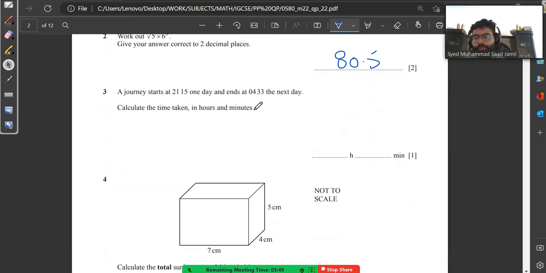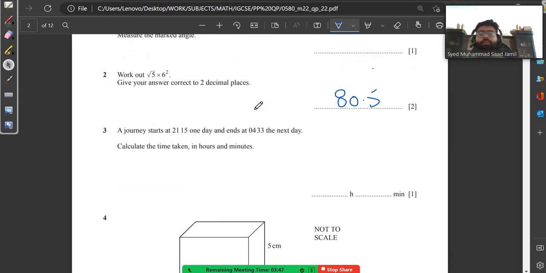Moving on to the third question, it says a journey starts at 21:15 one day and ends at 4:33 the next day. Whenever you have questions like these, students tend to get confused in minutes while solving this question. So first of all, break down the minutes. You first calculate from 21:15 all the way till 22. You will get 45 minutes. Then you calculate from 22 all the way till 4.